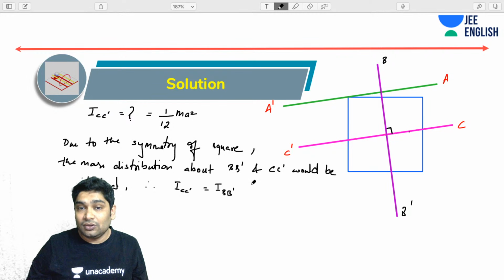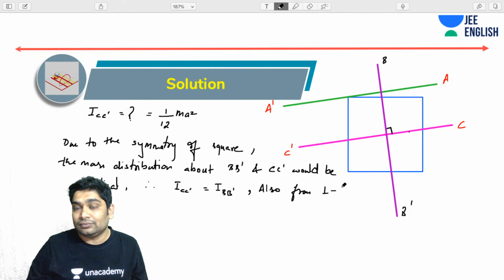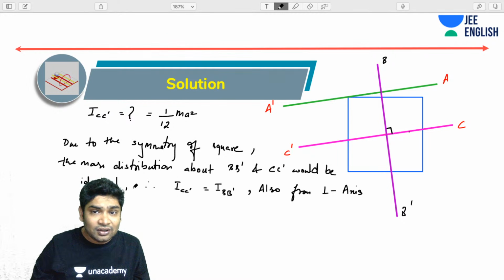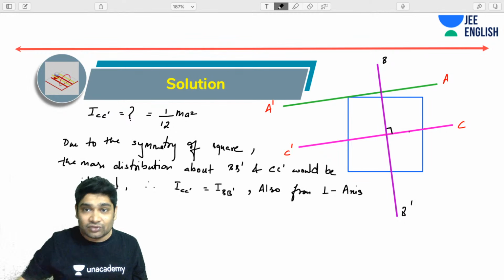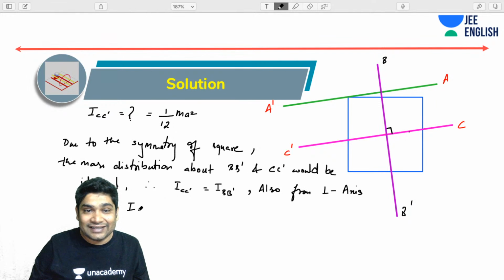Also from the perpendicular axis theorem, if I made an axis perpendicular to the plane of the square and passing through the center, I can say that ICC dash plus IBB dash would be equal to IZZ dash.